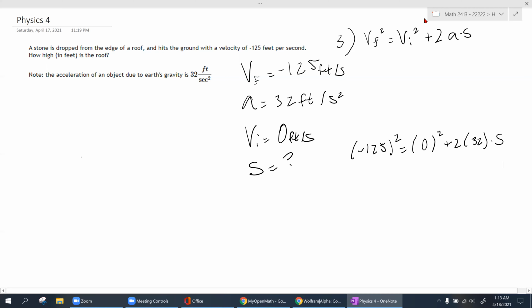So 125 squared gives me 15,625, which is equal to 2 times 32, that gives me 64 times s.